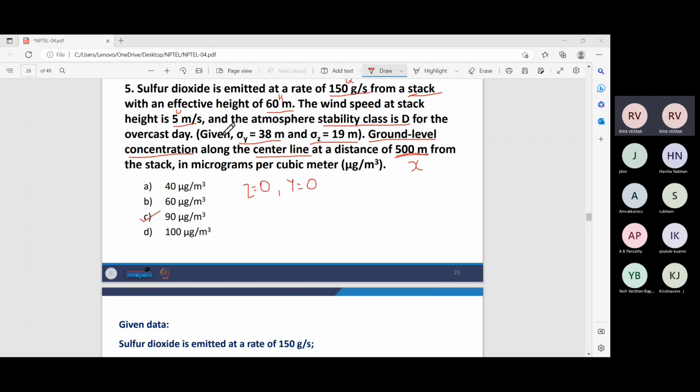But this type of situation arises when you're not solving multiple choice questions. You have just one numerical, and you have to solve it and give the answer on your own. Then you have to find the values of sigma y and sigma z, and you'll be getting an approximate answer, not the exact one.